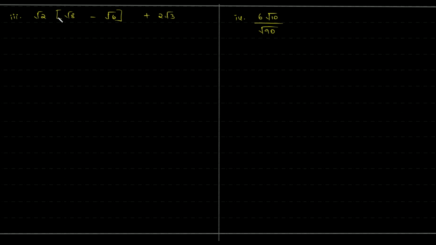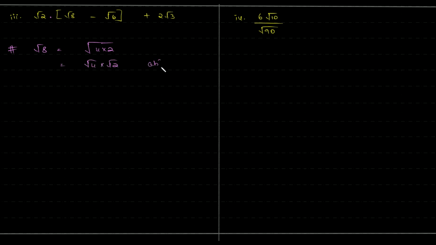Next we have root 2 into root 8 minus root 6 plus 2 root 3. Okay, let's see what to do. First things first, I always ask you guys to simplify stuff, right? Like root of 8. What can we write this as? Root of 4 into 2. Agree? Which further can be written as root of 4 into root of 2.